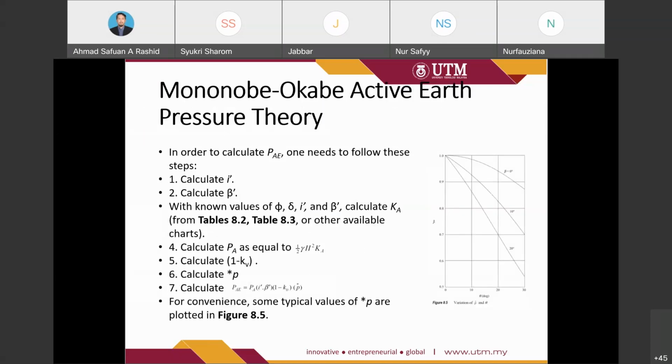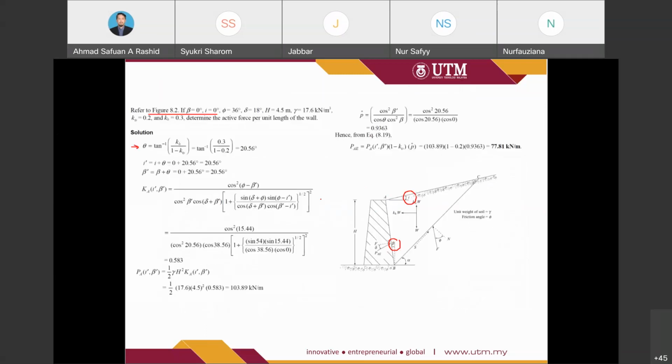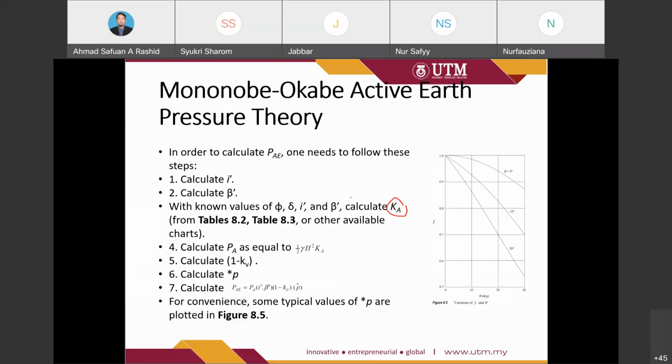The next step is to determine the KA. To get the KA, we either use this equation or we may use table 8.2 or table 8.3.